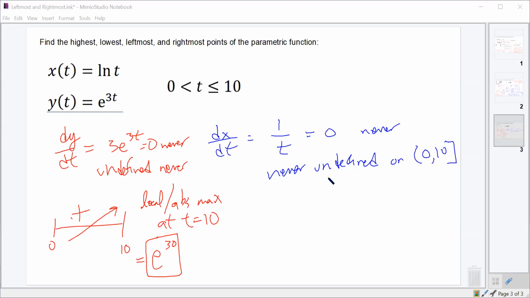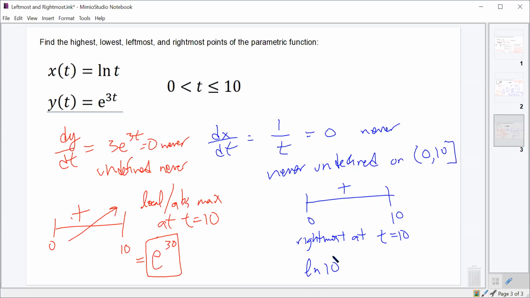And what about our dx dt? We should do the same thing. Between 0 and 10, plug in anything we want in there. What do we get, positive or negative? Positive, which means it's always moving to the right. And so we have a rightmost at t equals 10, which is x of 10, the natural log of 10.